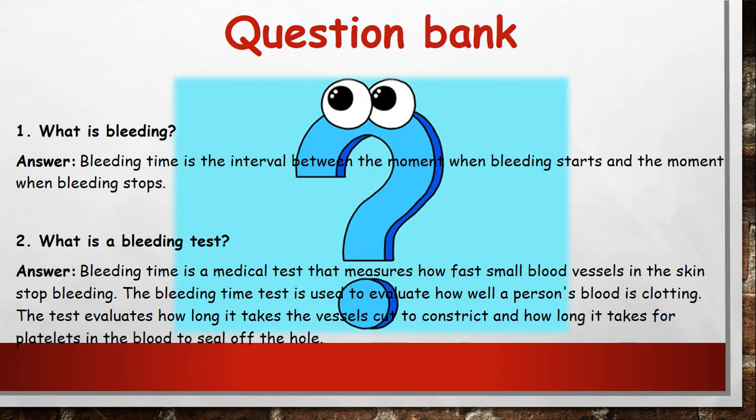Bleeding test is a medical test that measures how fast small blood vessels in the skin stop the bleeding. The bleeding time test is used to evaluate how well a person's blood is clotting. The test evaluates how long it takes the vessels cut to constrict and how long it takes for platelets in the blood to seal off the hole.